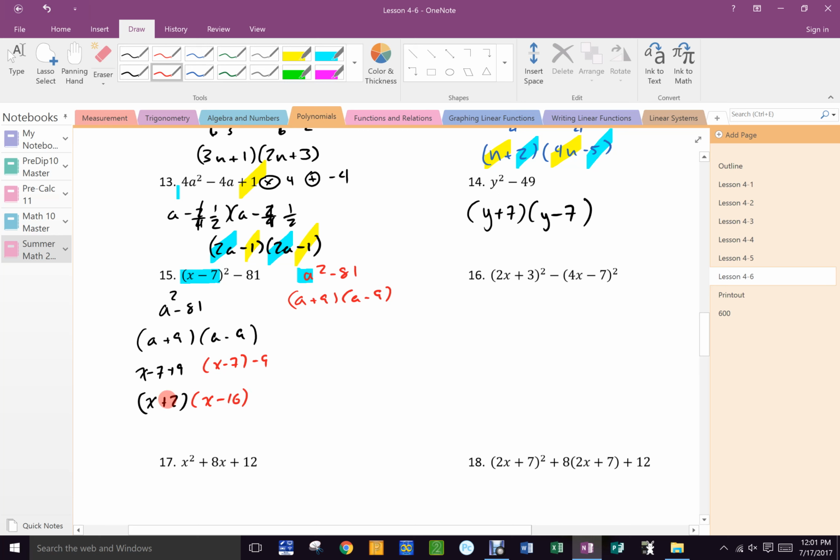Negative 16. So that's done. If you can use this method here, can you use it here?